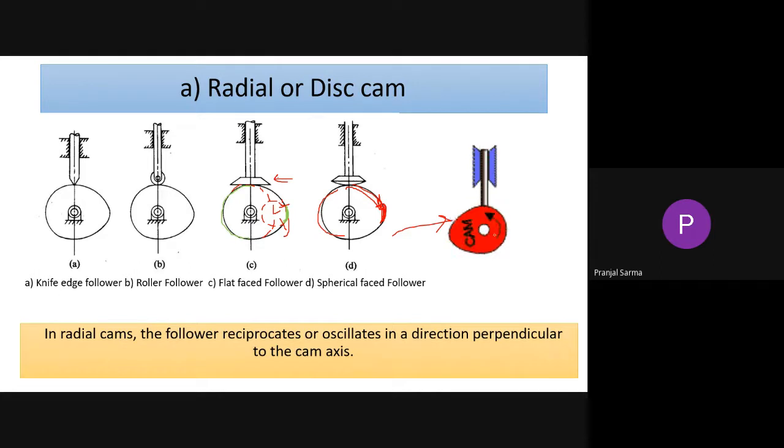To get this kind of situation, we have to design the cam properly, and wherever we need this kind of dwell, that means the cam is moving, but for that period there should not be any motion of the valve, or whatever the follower is.